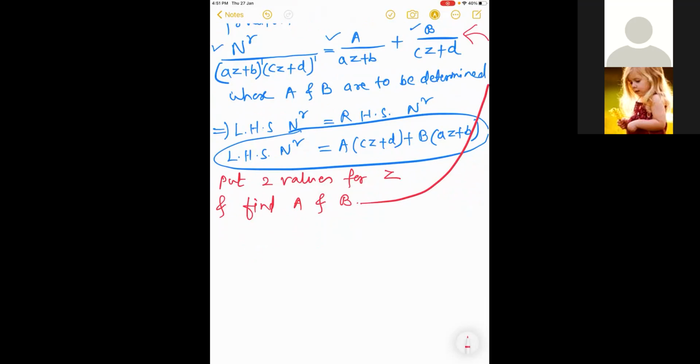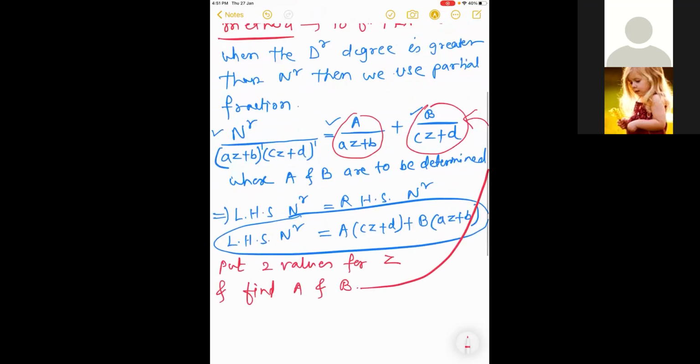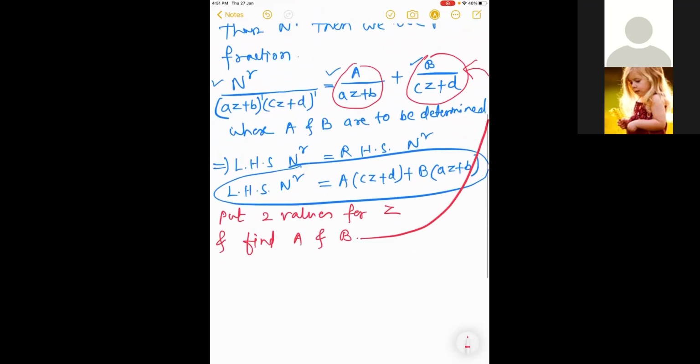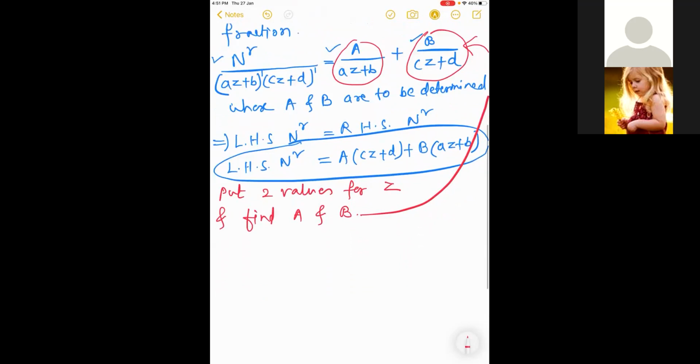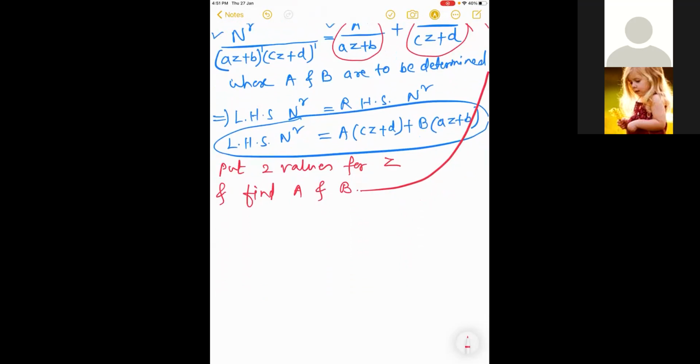And getting the inverse transform is then easy. So this is one calculation for the denominator terms az plus b and cz plus d.